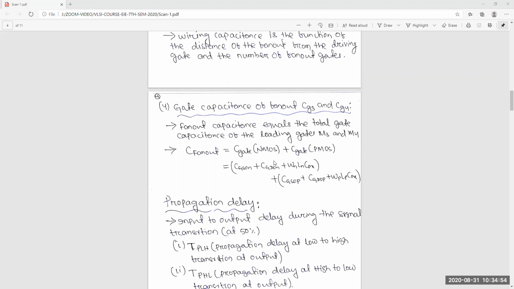The gate to drain part is very, very small, so we are not considering that. Here you can see the capacitances: the overlap capacitances plus the channel capacitances, whether it is in saturation, linear or cutoff. According to that it will add. So all these capacitances will add to the CL.